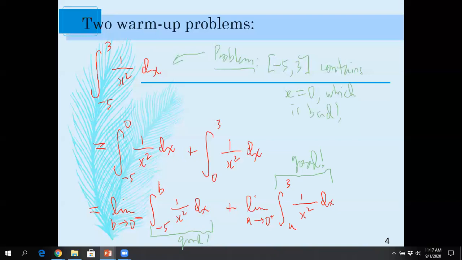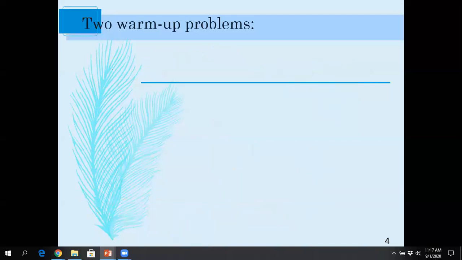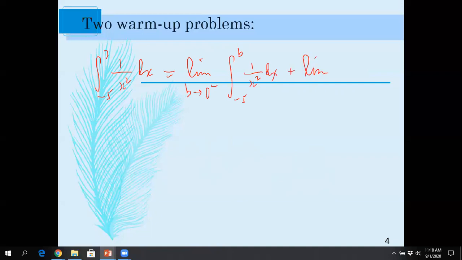Yeah. So here, let me erase some junk here. Oops, I just erased the whole thing. Can you believe that? Okay, so let me rewrite it. The integral from -5 to 3, 1 over x squared dx is equal to the limit as b goes to 0 from the left, integral from -5 to b, 1 over x squared dx, plus the limit as a goes to 0 from the right, the integral of 1 over x squared dx.